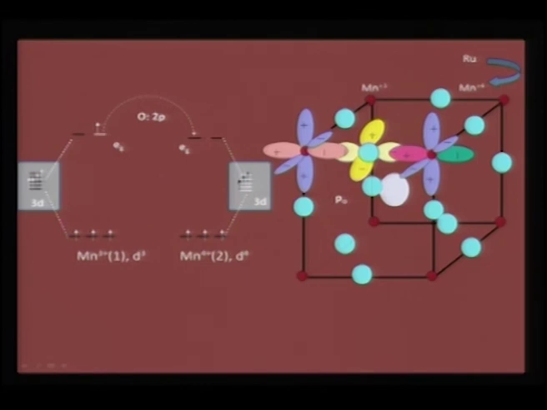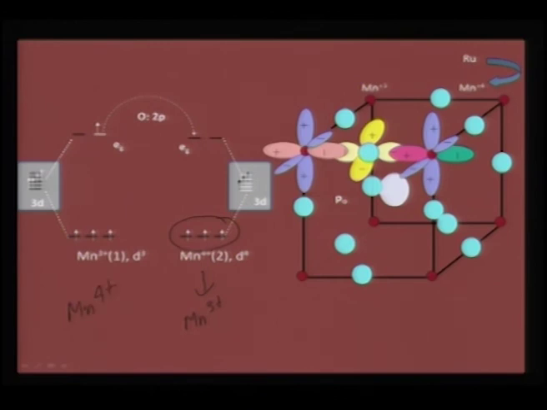When this transfers to the Mn4 plus core, and if it is ferromagnetically aligned to the localized T2G electrons, then this becomes Mn3 plus because the electron has come here, and in the process the Mn3 plus becomes Mn4 plus.